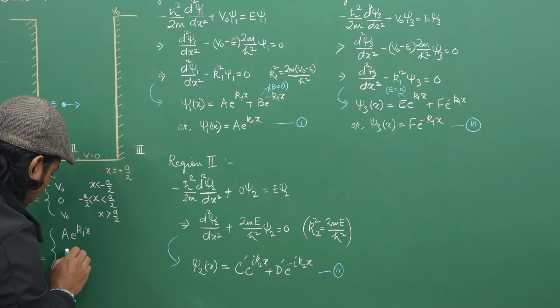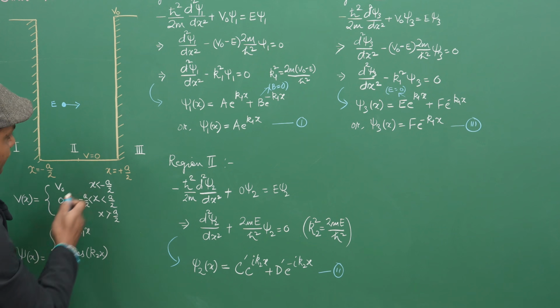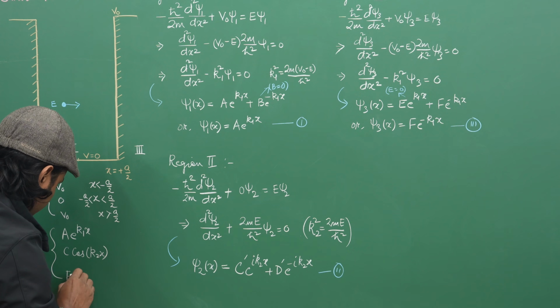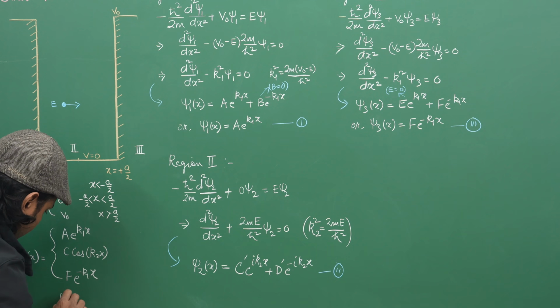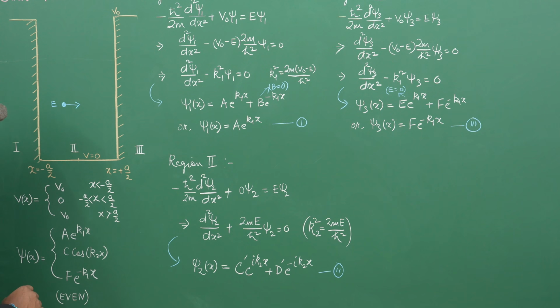Let's say this is equal to C cos k2x, and in region number 3 we will have F e to the power minus k1x. This is the even eigenfunction solutions in region 1, 2 and 3.